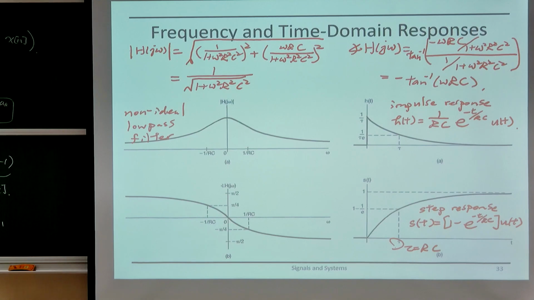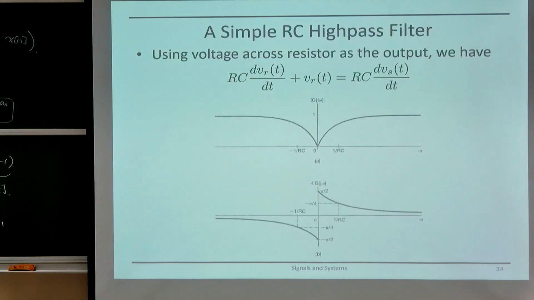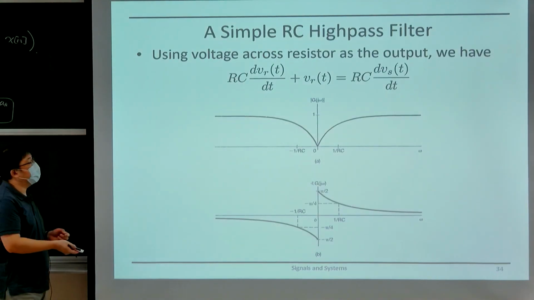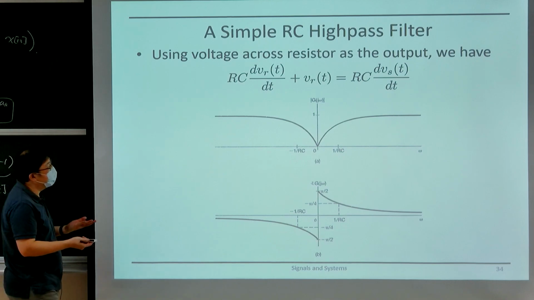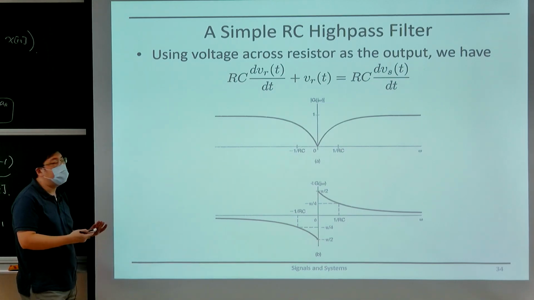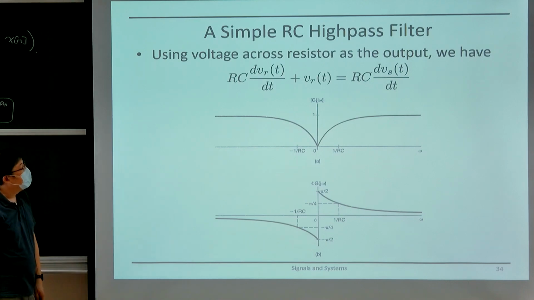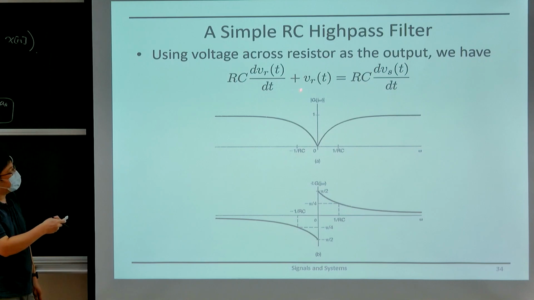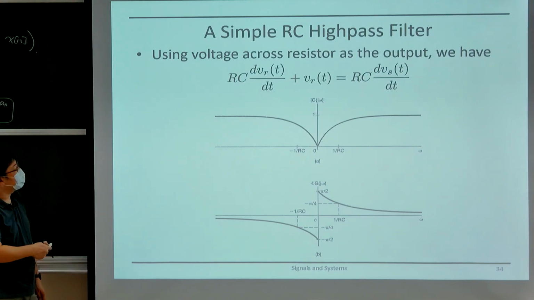All right. Now, I don't want to go into the details of this next example, but it is just to show that you can construct a similar high-pass filter in a similar way by just looking at the voltage across the resistor as the output instead of the voltage across the capacitor, right?